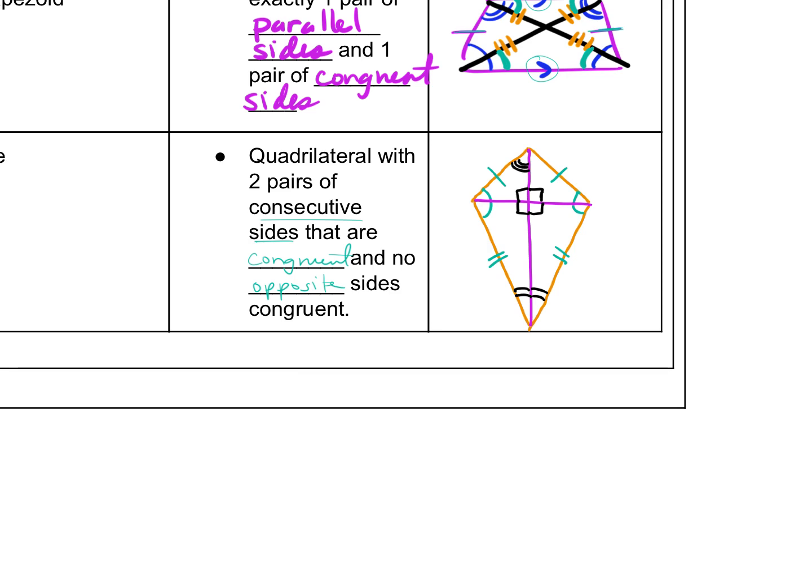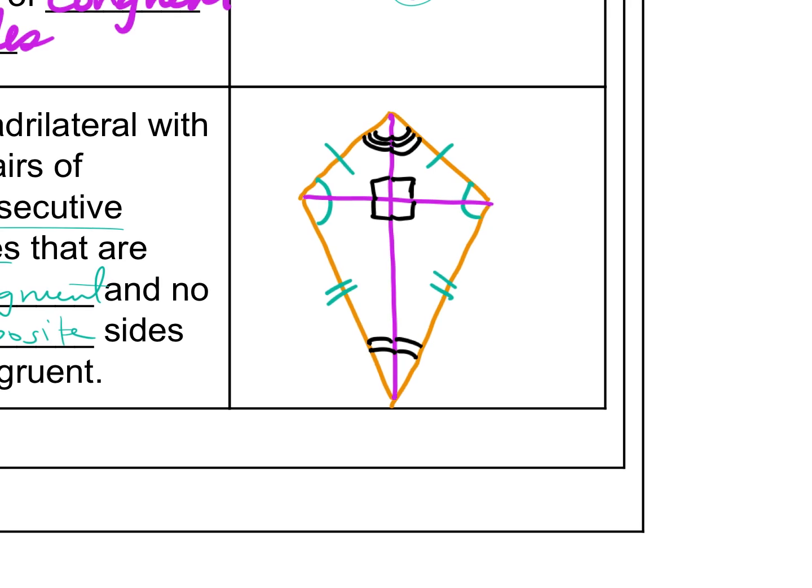This one is the same as that one. And then this angle here is going to be the same as this one, and these two. So lots of congruent angles, lots of congruent triangles in a kite. Questions on that?